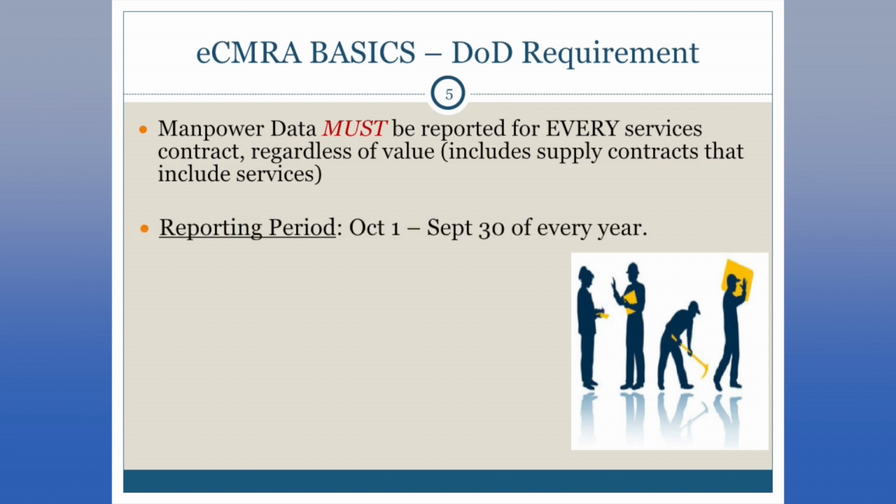The reporting period for eCMRA is a fiscal year. A fiscal year, as you probably know, is October 1st of the previous year to September 30th. So the fiscal year of FY16 is October 1st, 2015 to September 30th, 2016.